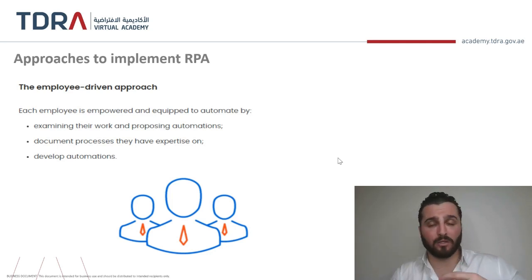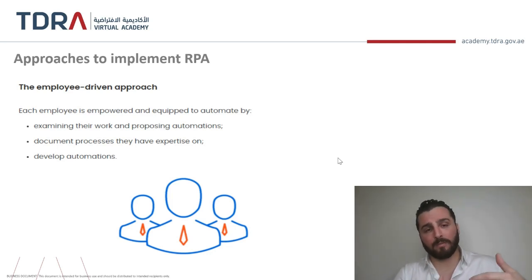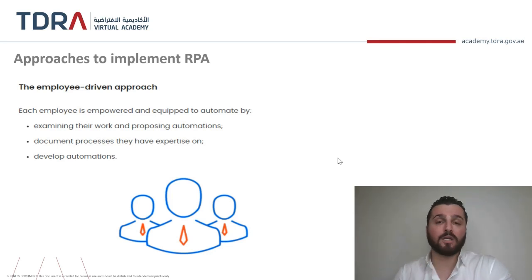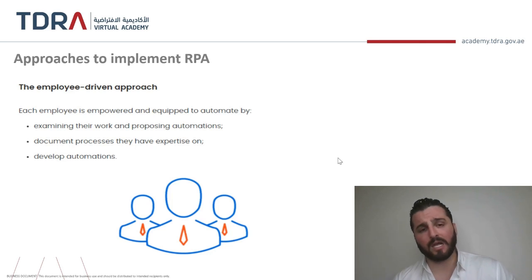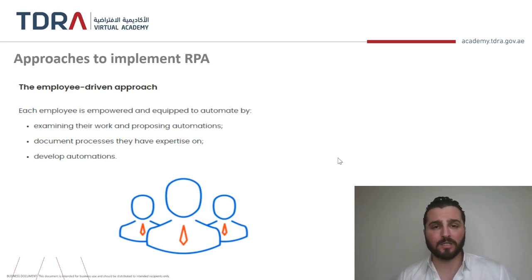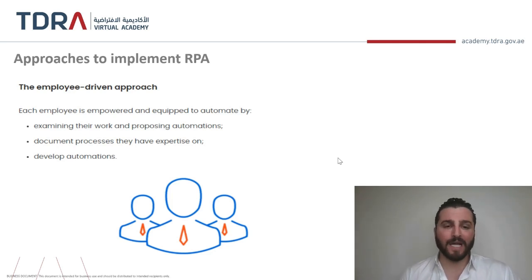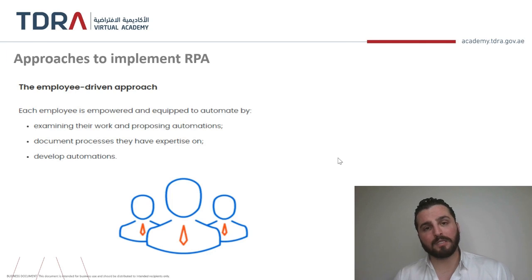So, if we are working under an accelerated method, or a business accelerator, or we want to achieve robotic process automation in less lead time than usual, or if we want to integrate it with other technologies, I don't highly recommend the employee driven approach, as it will take time to be developed.